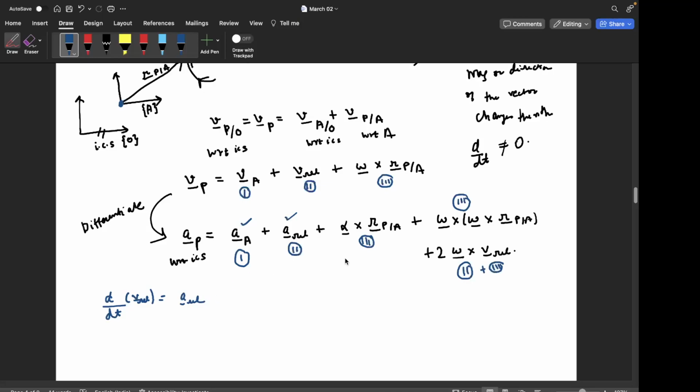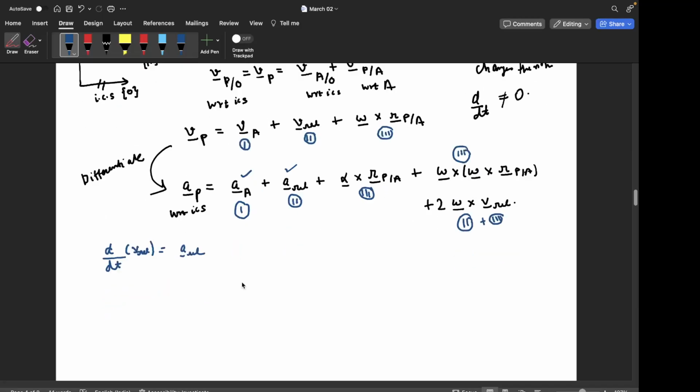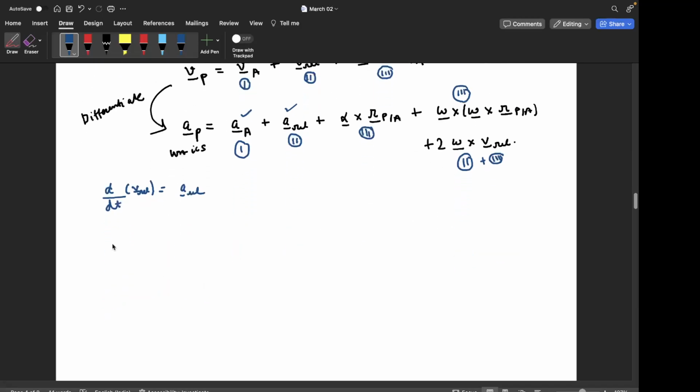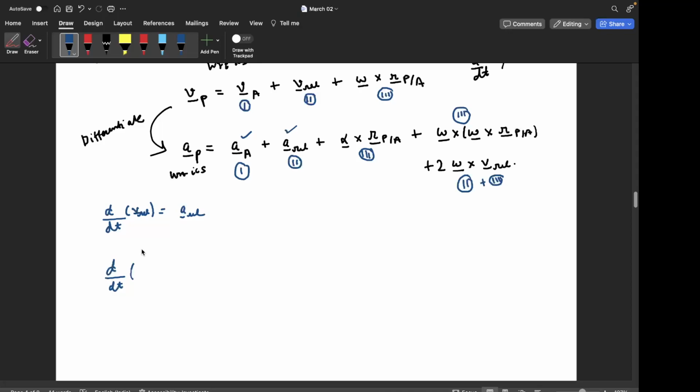Now let's differentiate the third term. The third term is d by dt of omega cross RPA. How will you differentiate? We will use the chain rule.